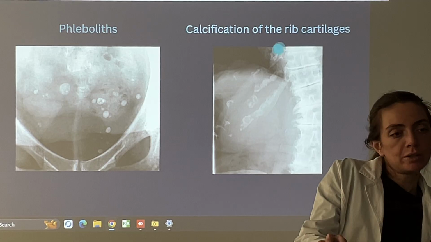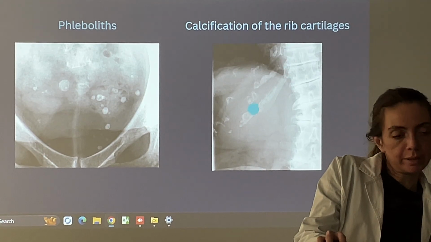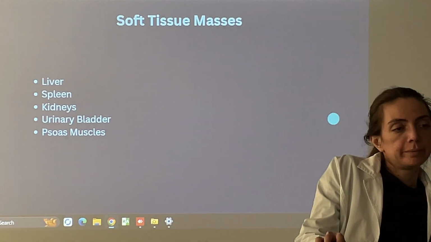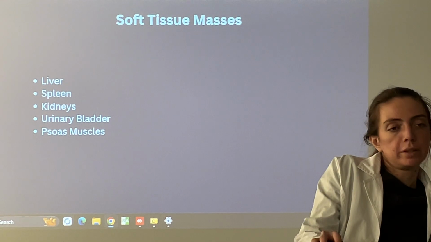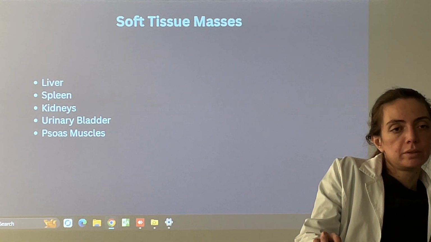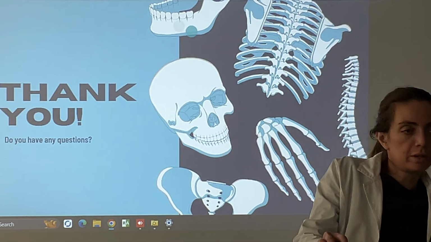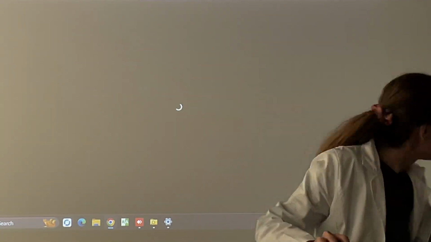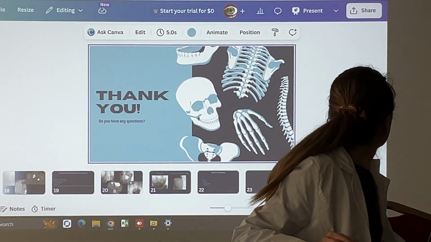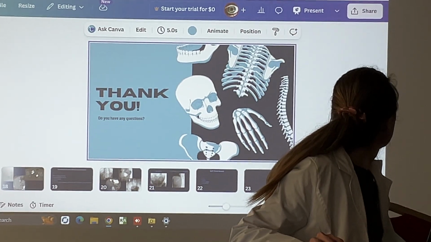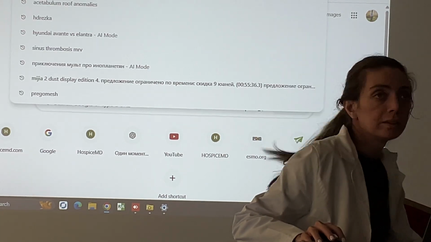And calcifications may also be rib cartilage. Rib cartilage.